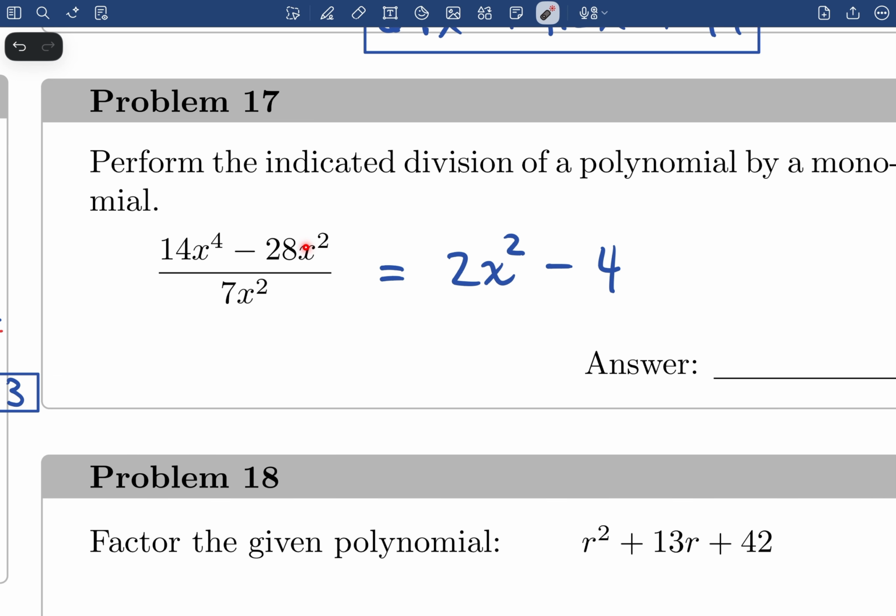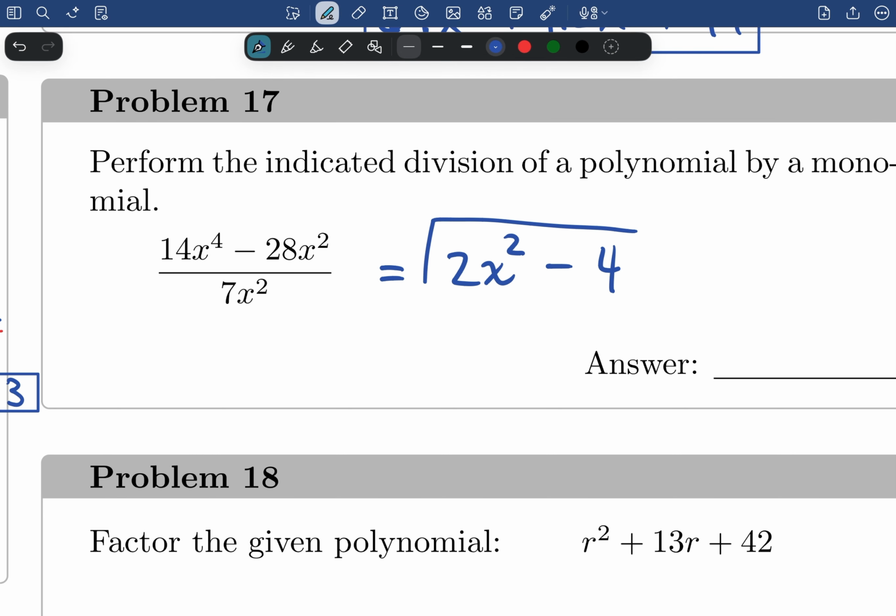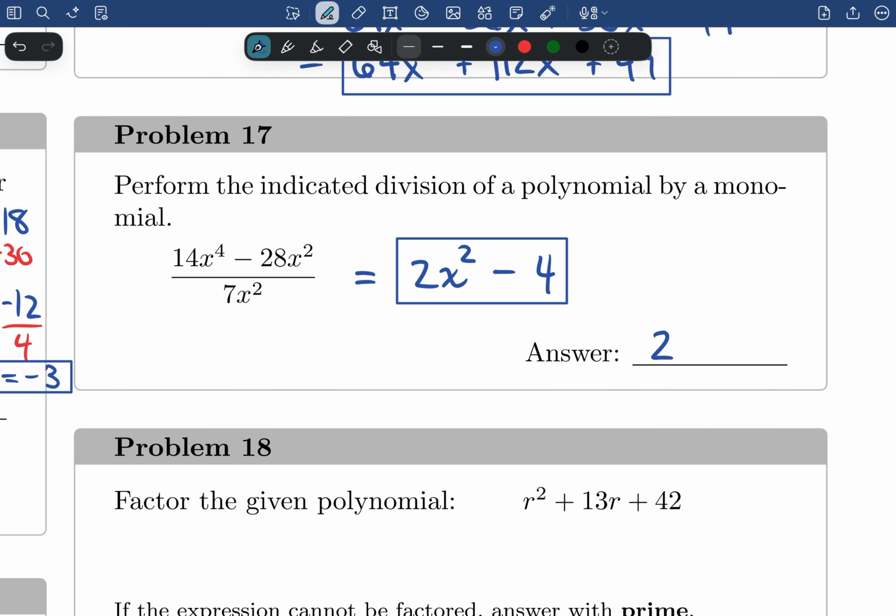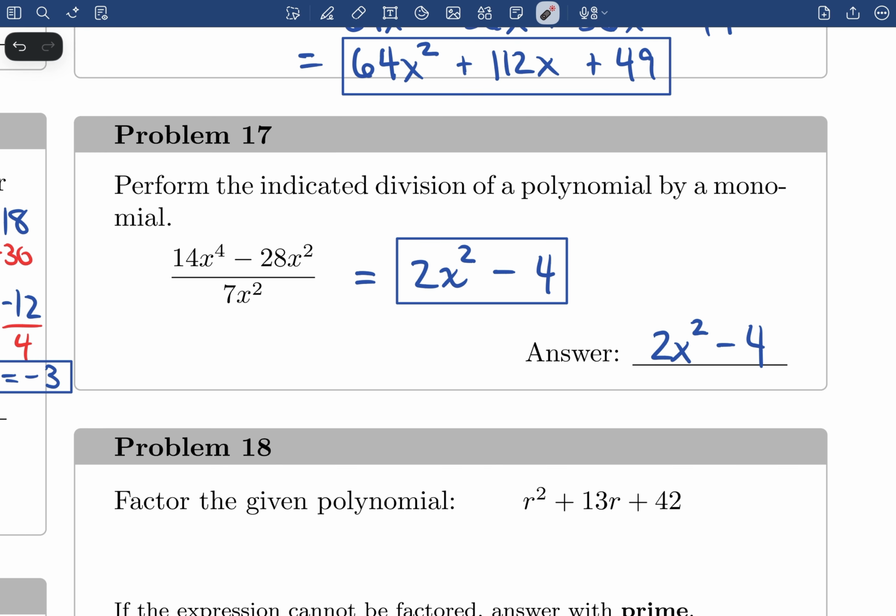And I'm going to take x squared and divide it by x squared to get, well, no x's, because 2 minus 2 is 0. So there are 0 x's now, and so that becomes invisible. That's the answer right there. 2x squared minus 4. Great. So when you take a polynomial and divide by a monomial, just take it a term at a time, dividing out what you can.